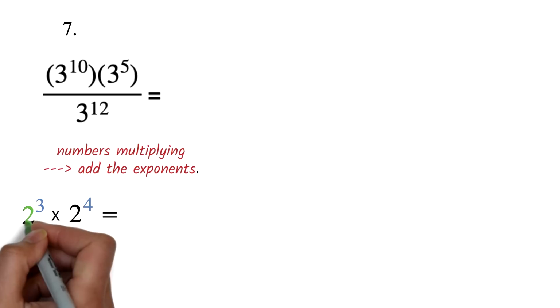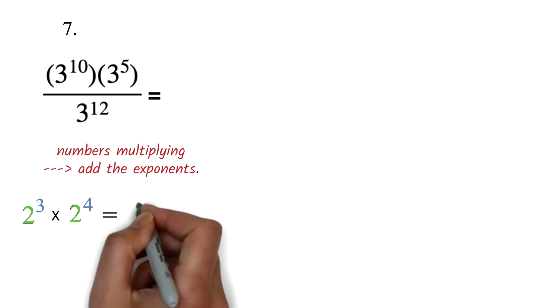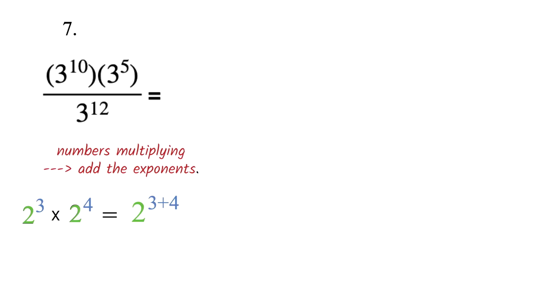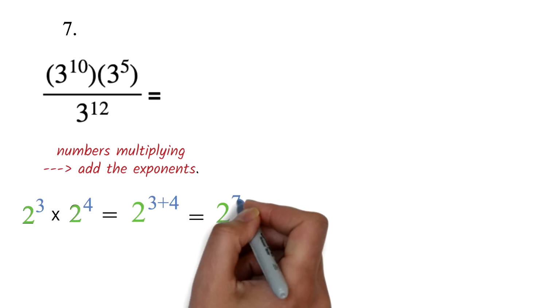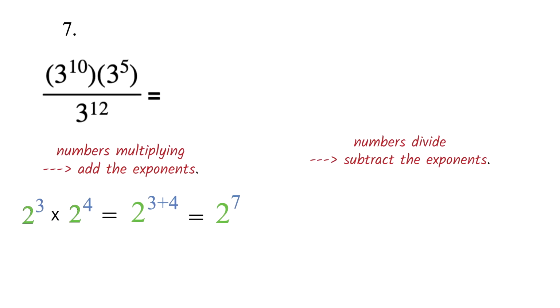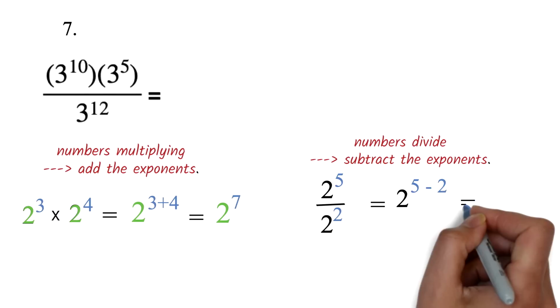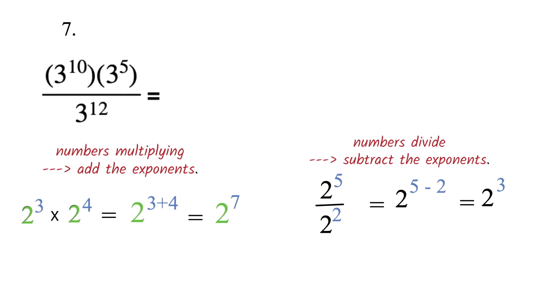Because they both have the same base, which is 2 in this case, we can just add the exponents. So this will be 2 exponent 3 plus 4, which is 2 exponent 7. Now, if you have a number being divided by another number with the same base, then you can simply subtract the exponents. So 2 exponent 5 divided by 2 exponent 2 will be 2 exponent 5 minus 2, which is 2 exponent 3.